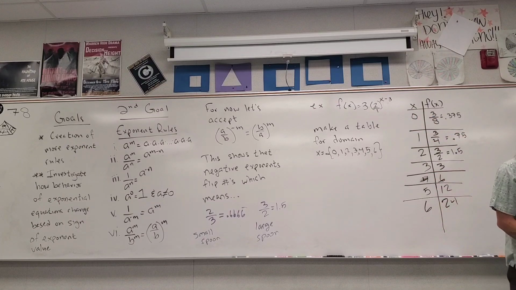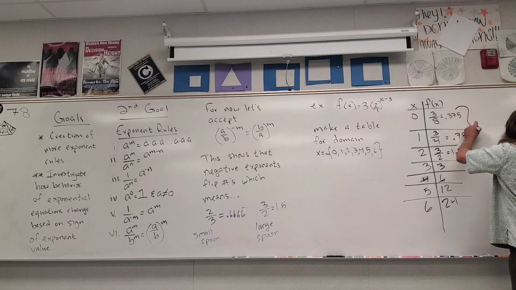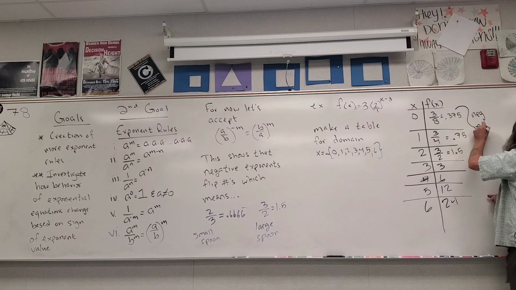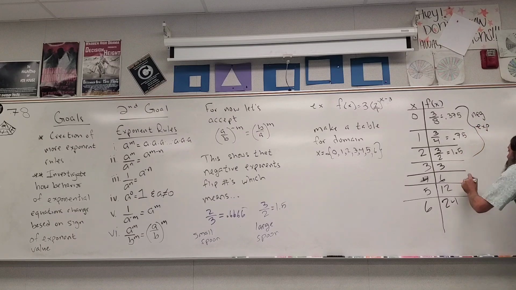I want to point something out. Right here I have negative exponents. Right here I have positive exponents. If I look in the negative direction, the value is getting cut in half.